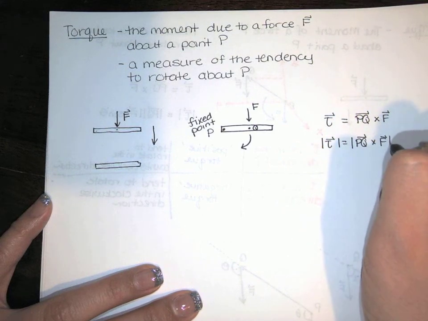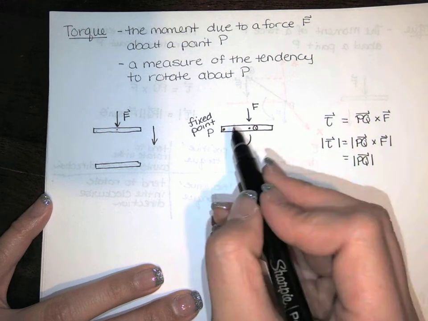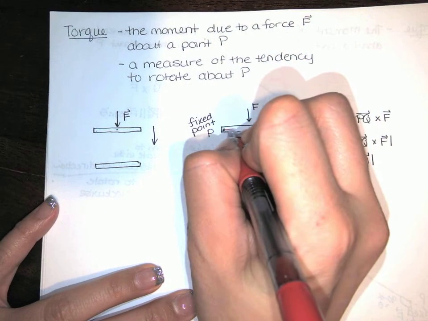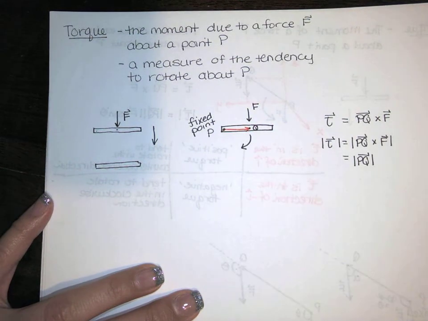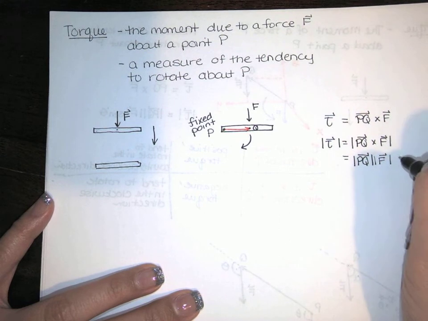It's just the magnitude of that lever arm or moment arm, the vector from our fixed point out to the point of application of the force, PQ, times the magnitude of the force that I'm applying, times the sine of the angle between them.